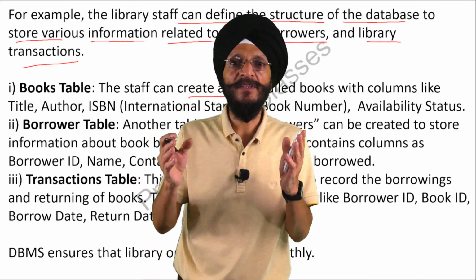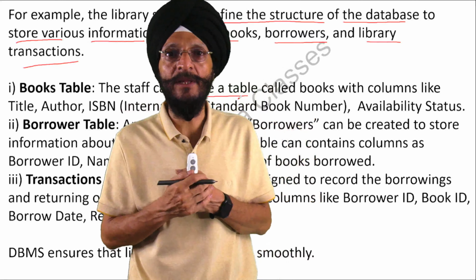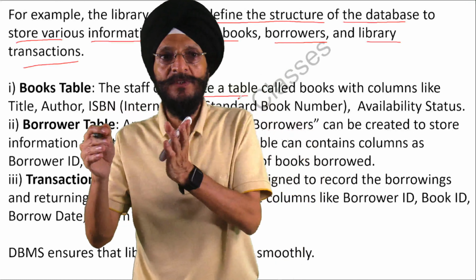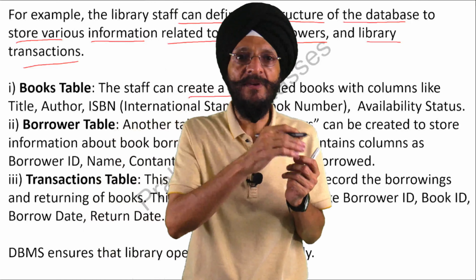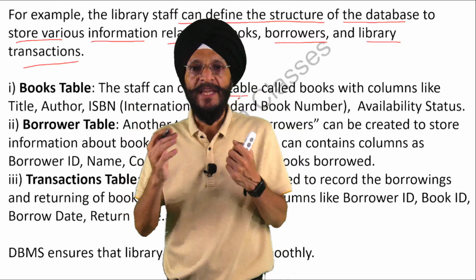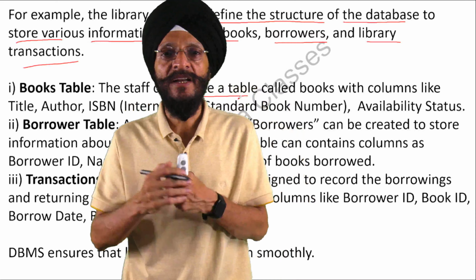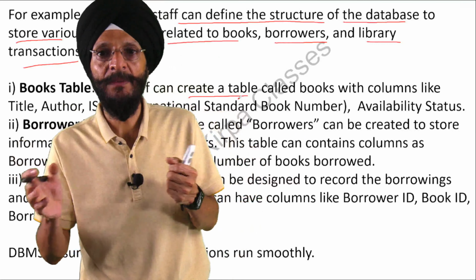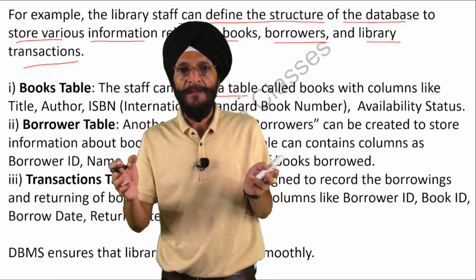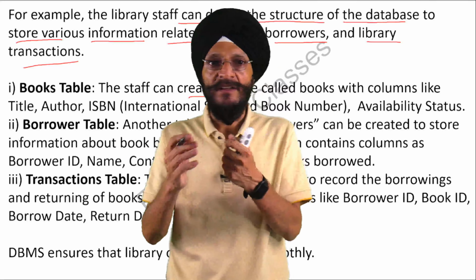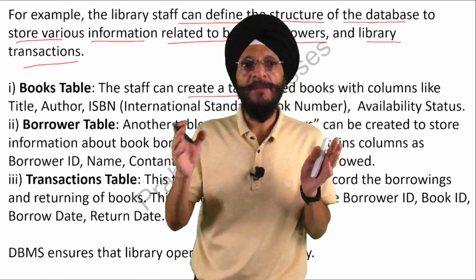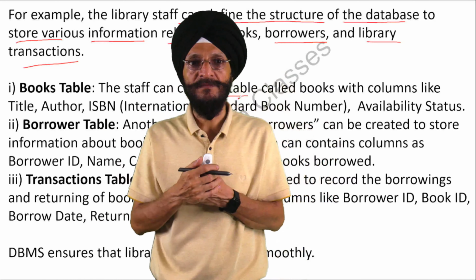The staff of the library can create a borrower table wherein the record of the borrowers is kept and the information such as borrower ID, name, contact number, and the number of books borrowed may be mentioned.